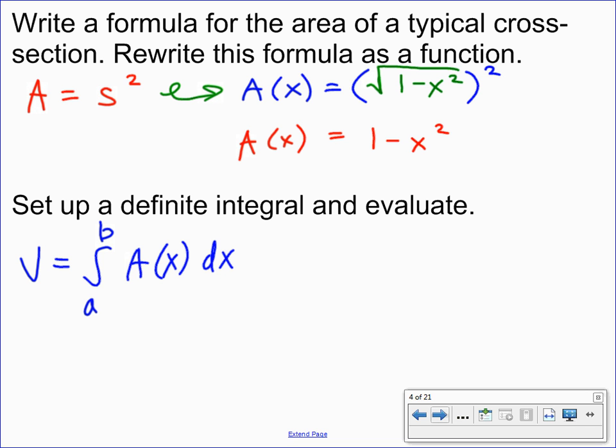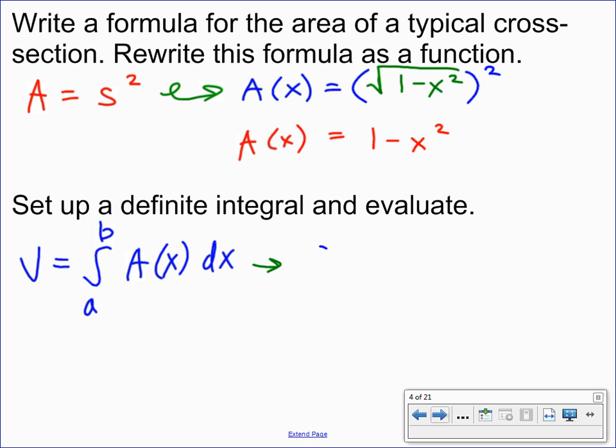Each one of these products is the volume of one slice. And if I sum all those individual small volumes up, I would get the volume of the resulting solid V.